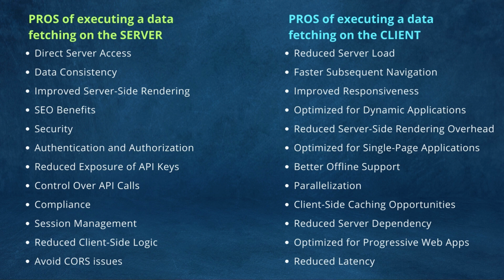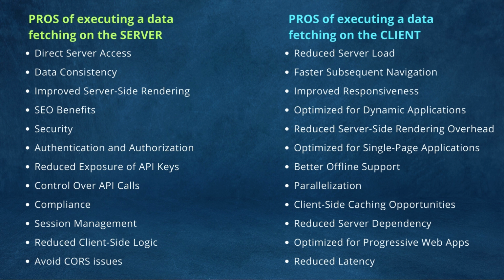Another important benefit of fetching data on the server, maybe the most important one, is security and data protection. By keeping the API call on the server, you can better protect sensitive information, as the client does not have direct access to the raw data.